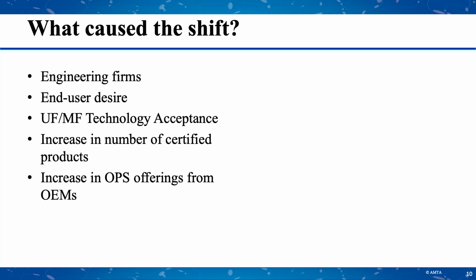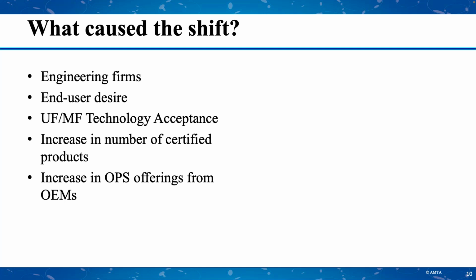Well, for one, the engineering firms played a major role. I indicated that on the previous slide, talking about people like Carollo and SPI and Jacobs. Certainly the others contributed as well, but starting around that 2010, 11, 12, 13 period, we started to see the engineers figuring out how to take advantage of, how to design for these open platform systems, and then how to start building specifications around them.